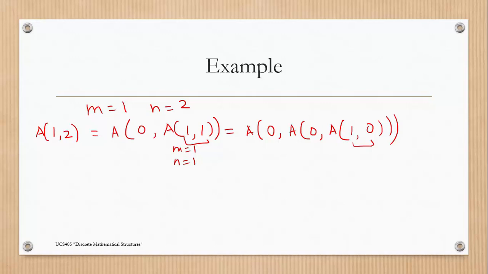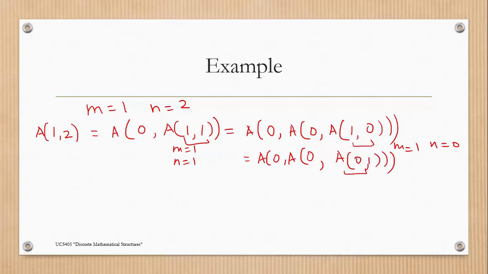Our second case, because m is greater than 0 and n is equal to 0. So value will be A of 0 comma A of 0 comma, now A of 1, 0, that is m equal to 1, n equal to 0. Applying second case, we will get A of m minus 1, that is 0, comma 1.